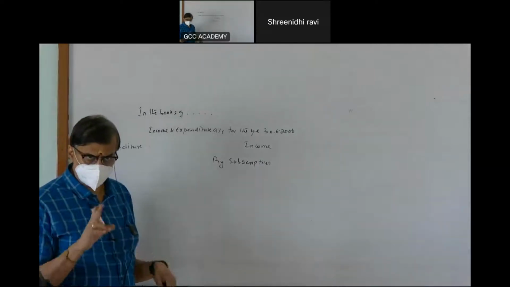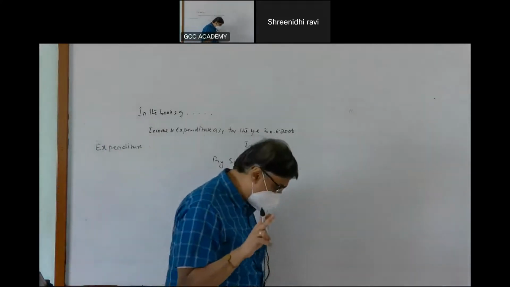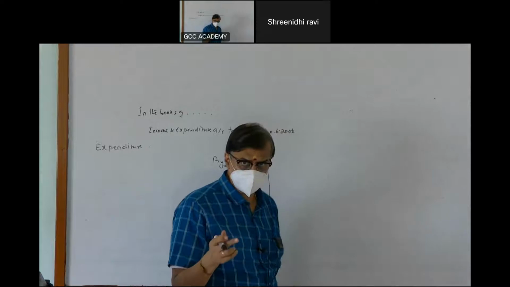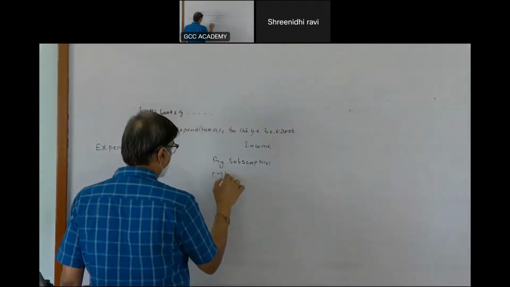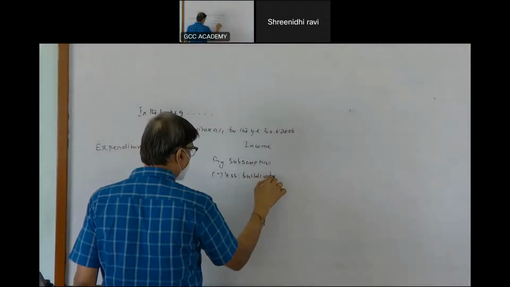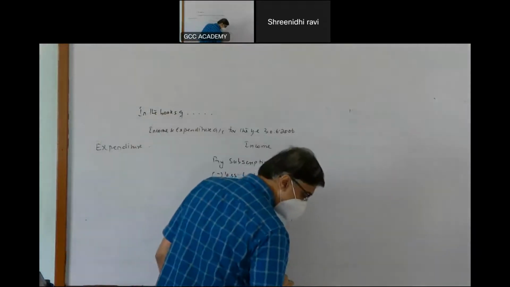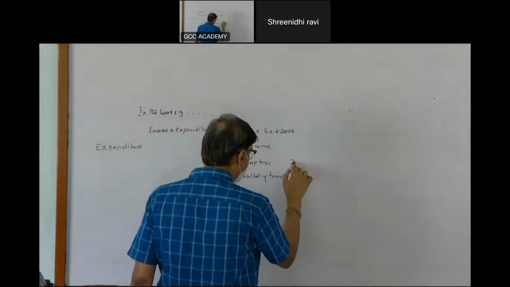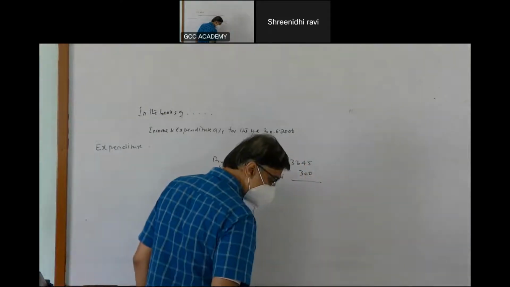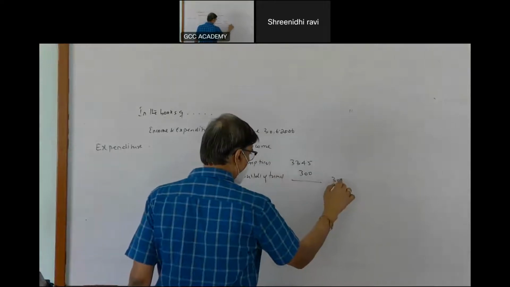None of that is given; only one point is given. Rupees 300 received for building fund was wrongly added. So what is the subscription amount? 3345 minus the wrongly recorded 300, so 3045.